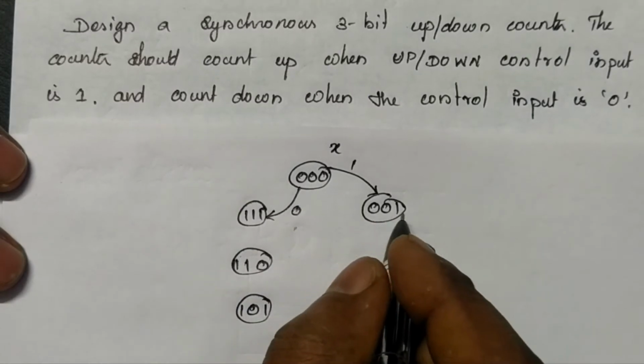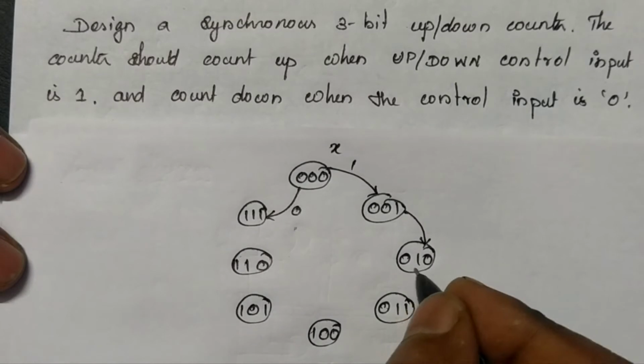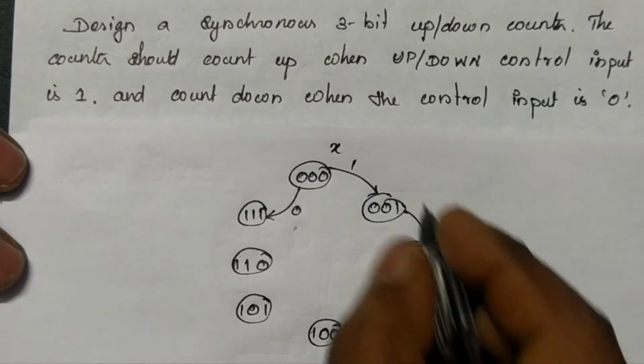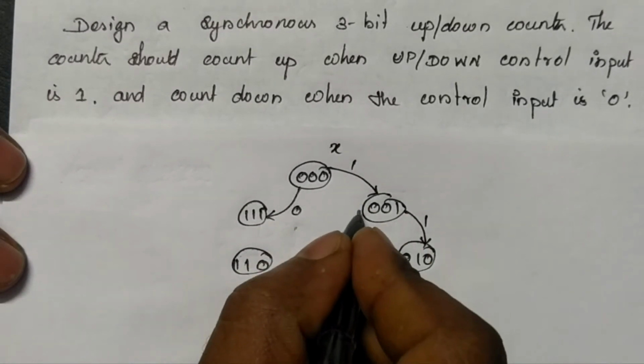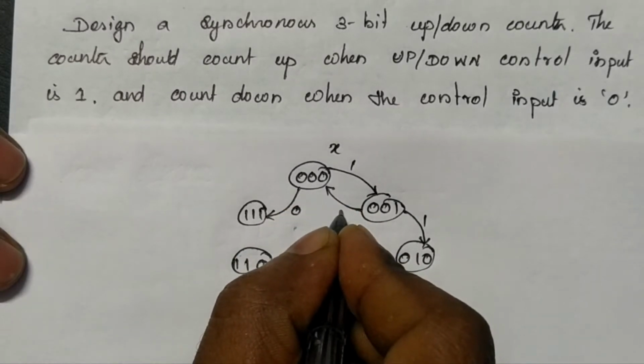Likewise from 0 0 1, if the control input is 1 it up counts, so it reaches the value 0 1 0. Likewise if the input is 0 it down counts to the previous value.